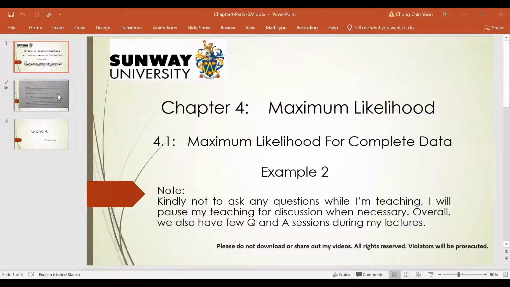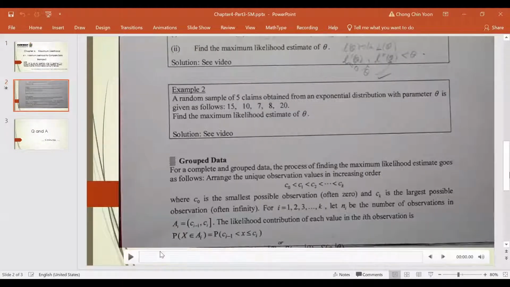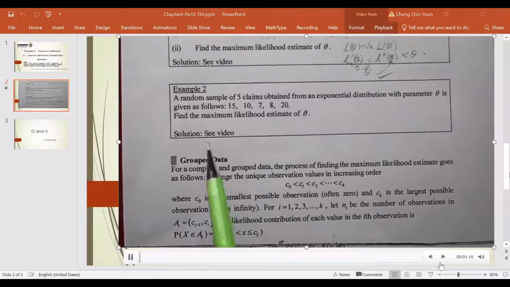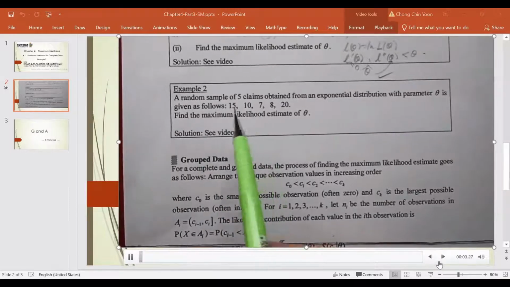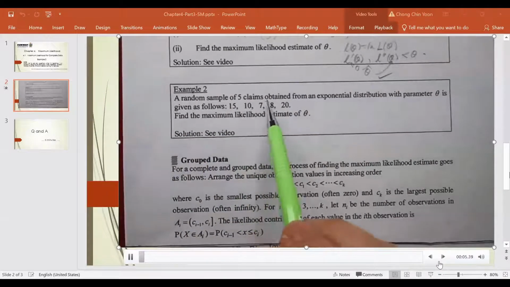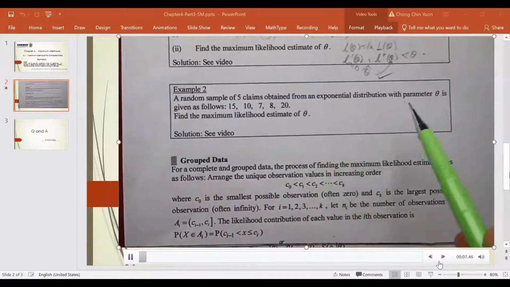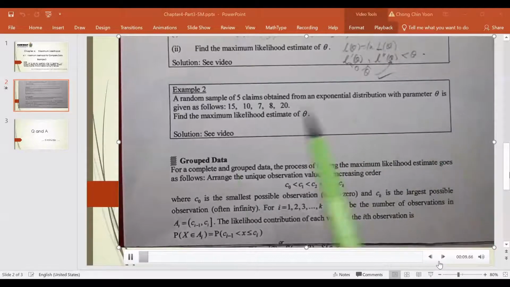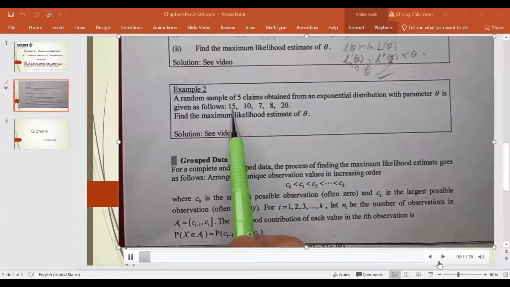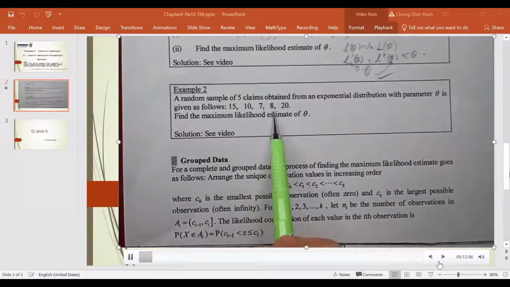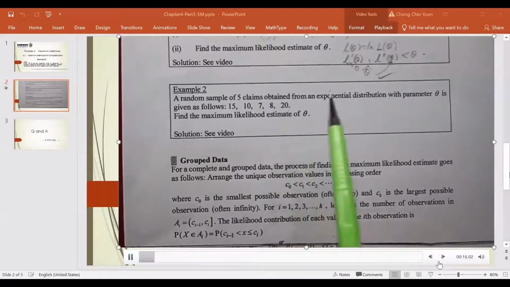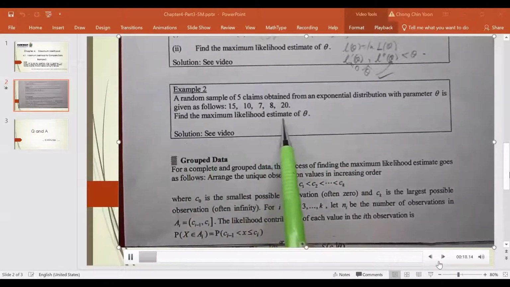So now we go to example 2. A random sample of 5 claims obtained from an exponential distribution with parameter theta is given as follows: 15, 10, 7, 8, and 20. Find the maximum likelihood estimate of theta.